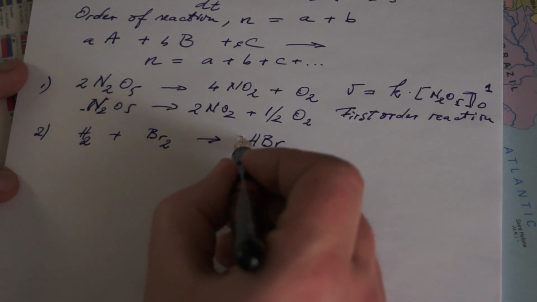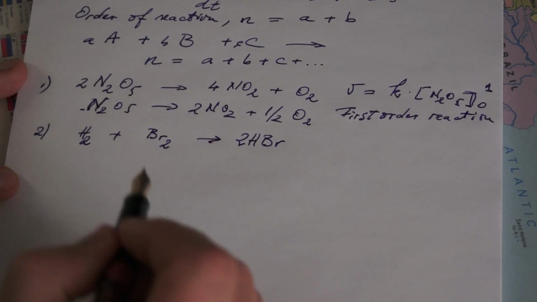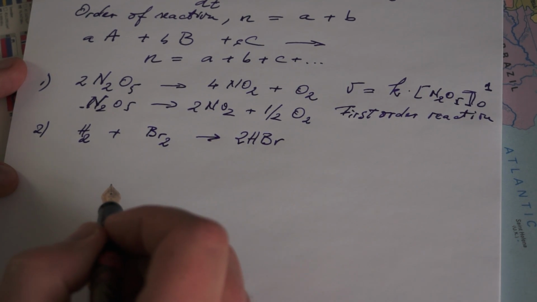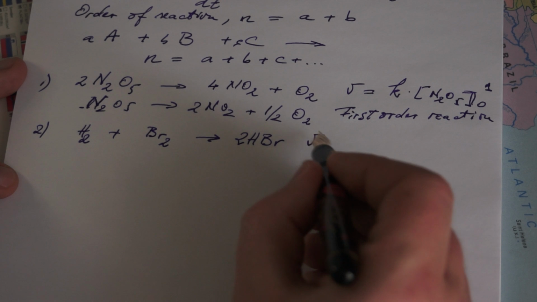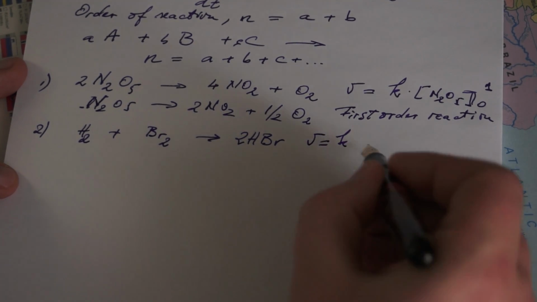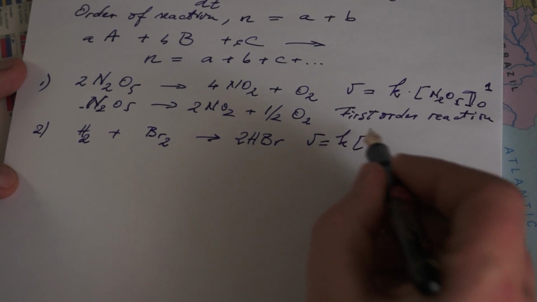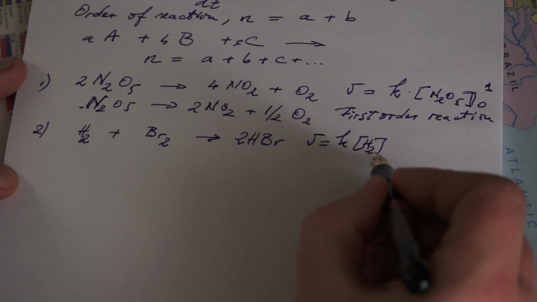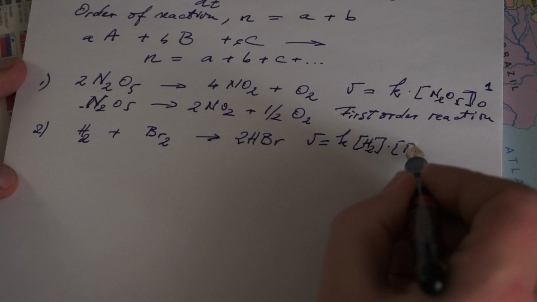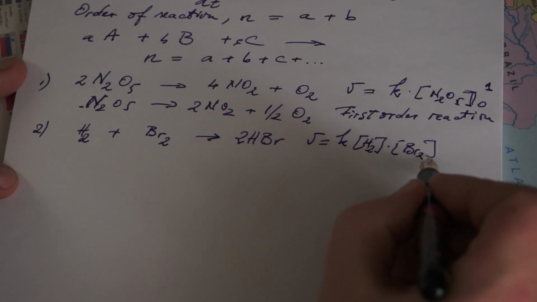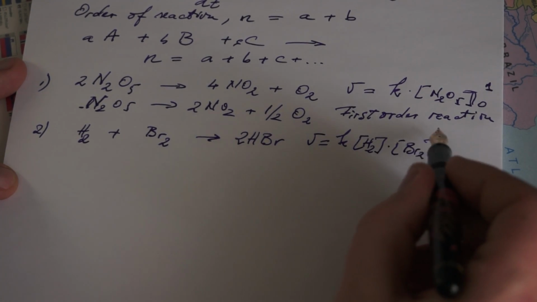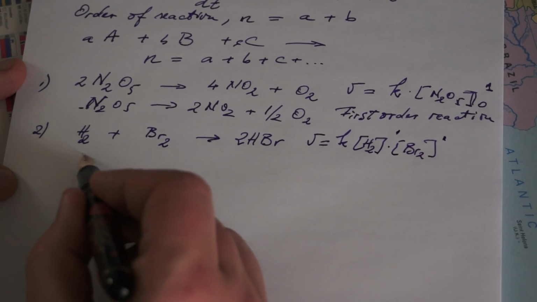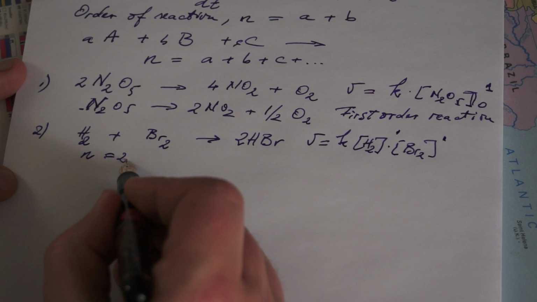Now, in order to balance the equation, we add the stoichiometric coefficient 2 here, and the speed of reaction we are going to write as k times the hydrogen concentration times the bromine concentration, and in theory the reaction order should be 2.